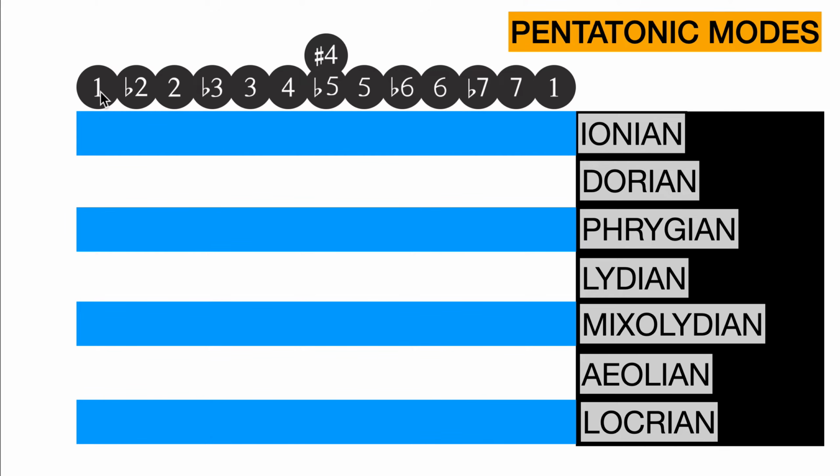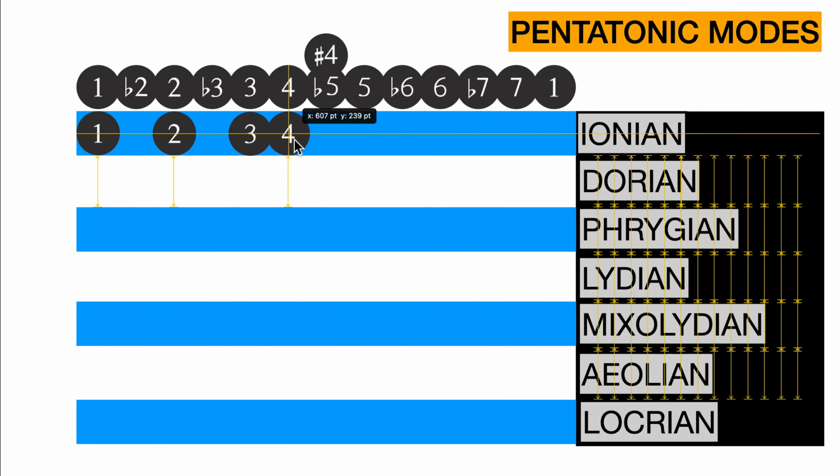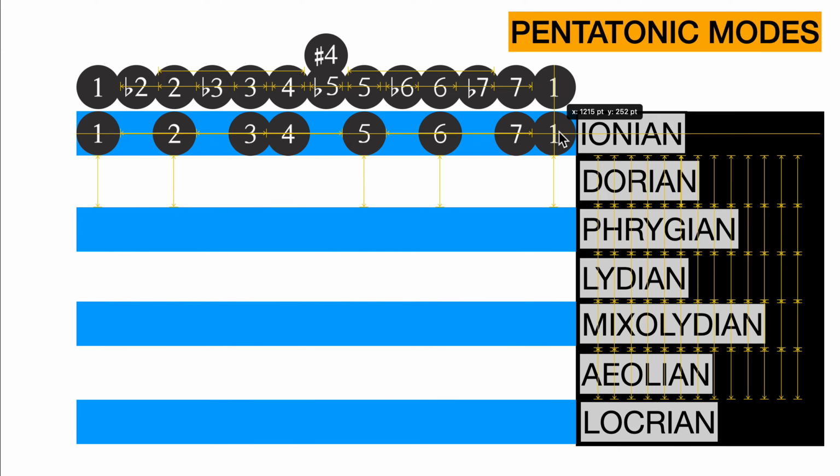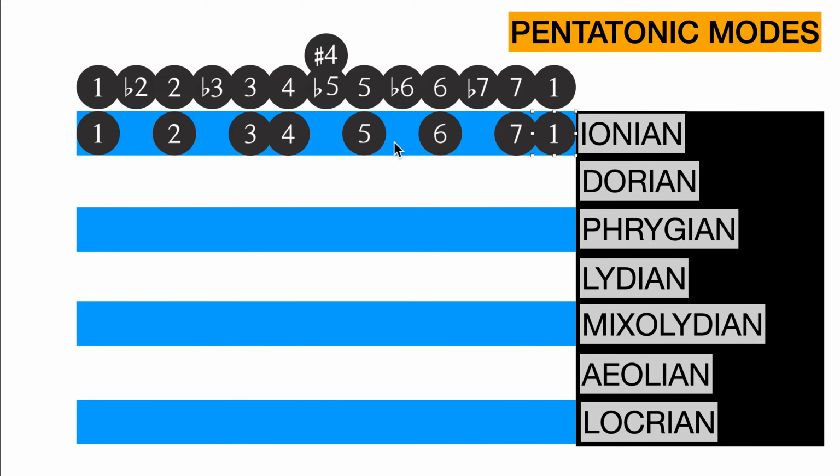Ionian is the major scale, so in the scale degree system, 1, 2, 3, 4, 5, 6, 7 is said to be major, and everything else, anything besides major, is going to contain some sort of flat or sharp if it's a 7-note system.